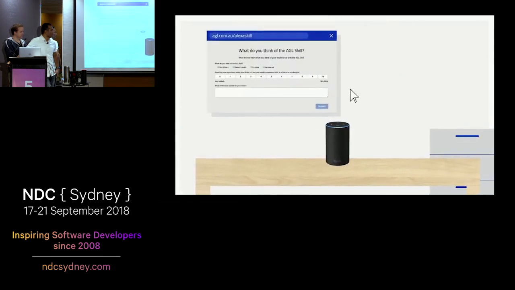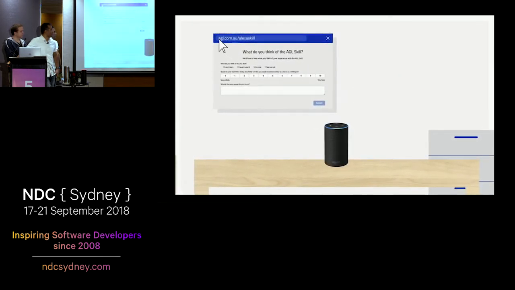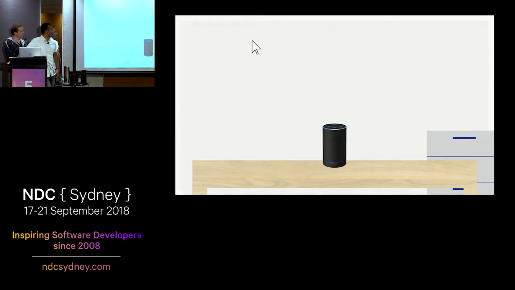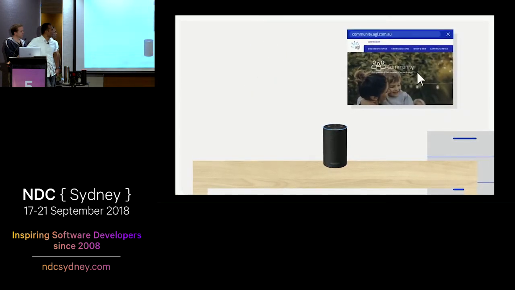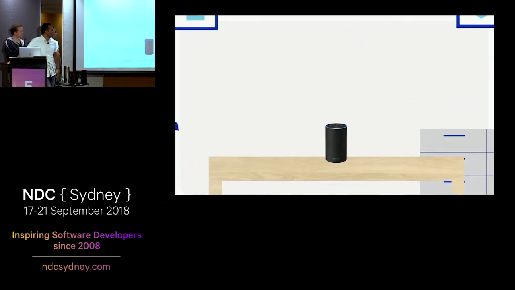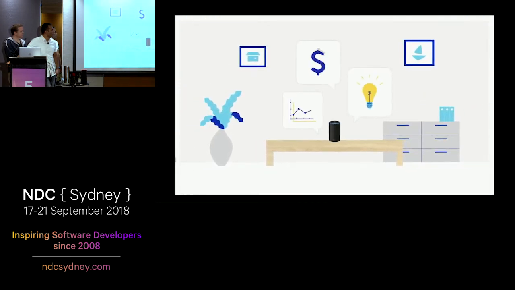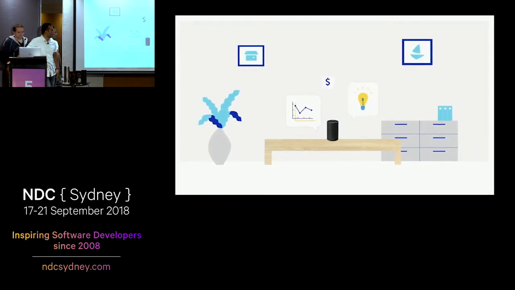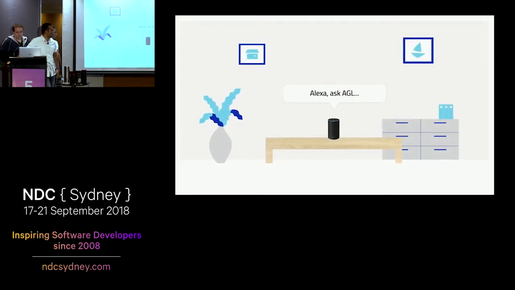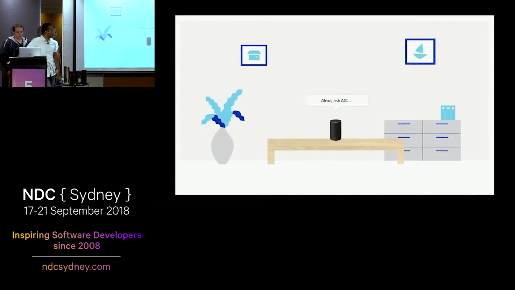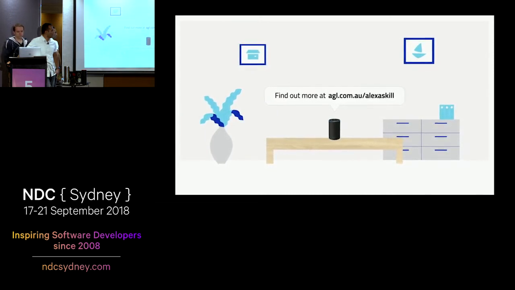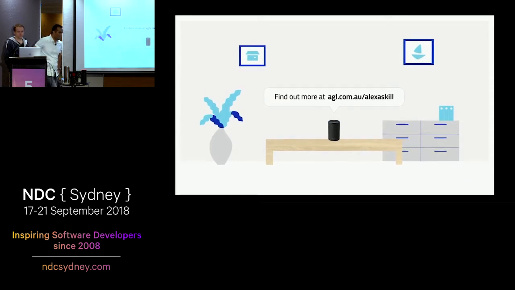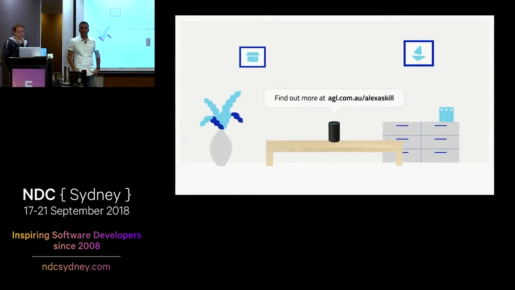Let us know what you think by completing our survey at agl.com.au/Alexa skill, or join the AGL community to discuss the AGL skill. Connect to the AGL skill today and start getting your account information on demand simply by saying, Alexa, ask AGL. Find out more at agl.com.au/Alexa skill.